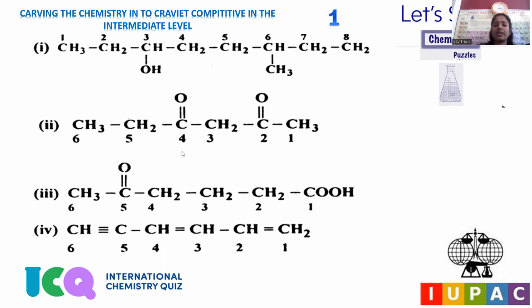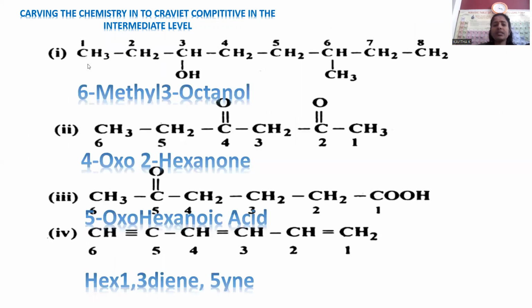This is the way; so many examples are provided. We have to assign the IUPAC nomenclature for the given organic compounds. Let's go one by one. In compound number 1, the chain length is 8 carbons. The 6th carbon is accompanied by a methyl, so 6-methyl is to be taken. And since it is a carbon chain length of 8, it will become octa. Octa is given for an 8 carbon chain length.